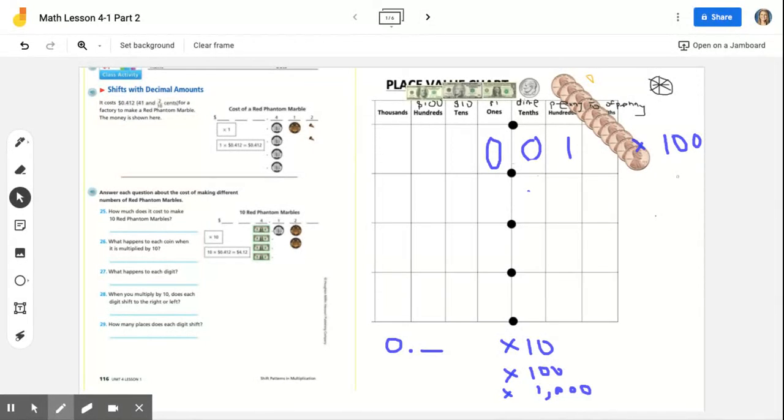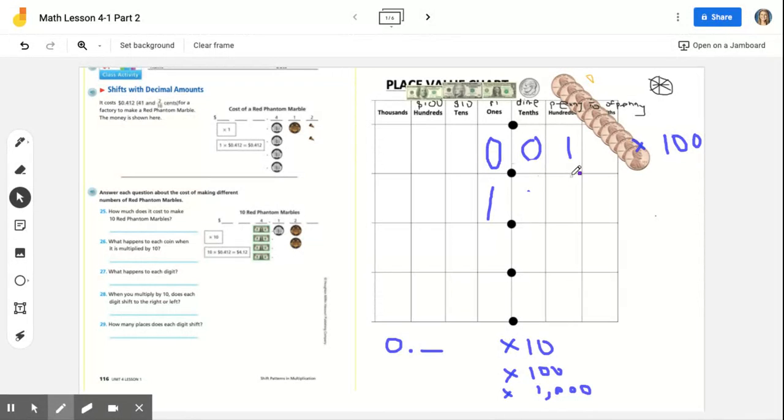I'm not going to copy paste out 100 pennies here, but just visualize it. 100 pennies can be exchanged for a $1 bill. So I'm going to put my 1 in my ones place. And this holds true. 100ths times 100 is equal to 1 or a $1 bill.